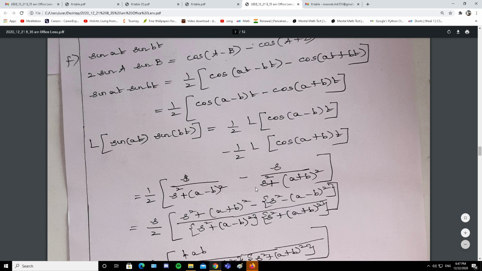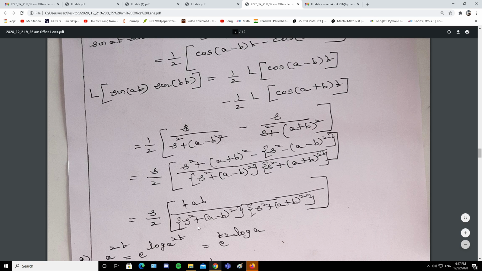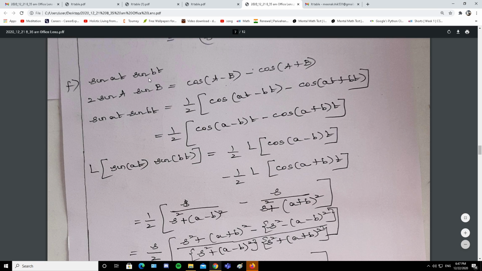So take the LCM and simplify, and you have the numerator to be 4ab. So the answer is 4abs by 2 times the product of the denominators. So I repeat, whenever you have cos A cos B, sin A sin B, sin A cos B, you cannot use the product rule.